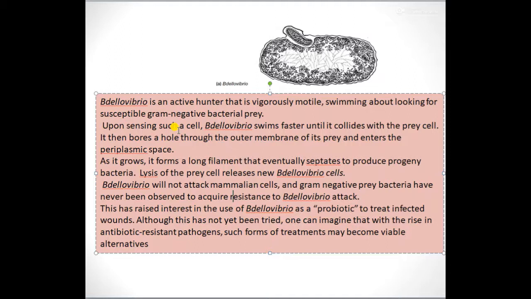Trials are still underway, but later this could serve as a good agent for treatment of wounds caused by gram-negative bacteria. Mostly wounds get infested by gram-negative bacteria, so there is a hope that Bdellovibrio could be used for the treatment of wounds also.